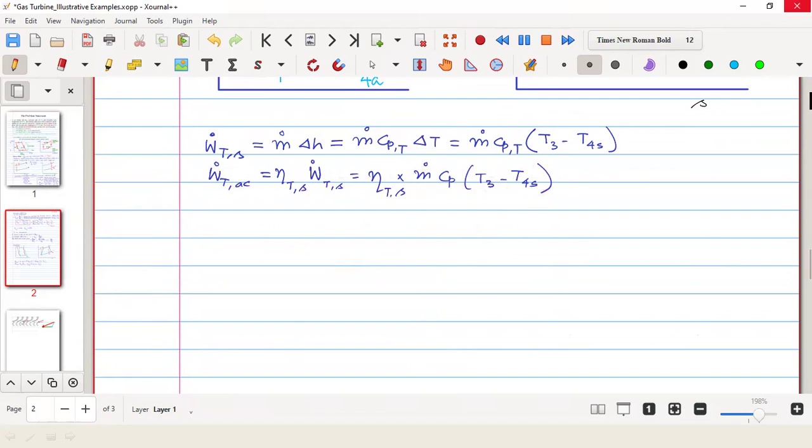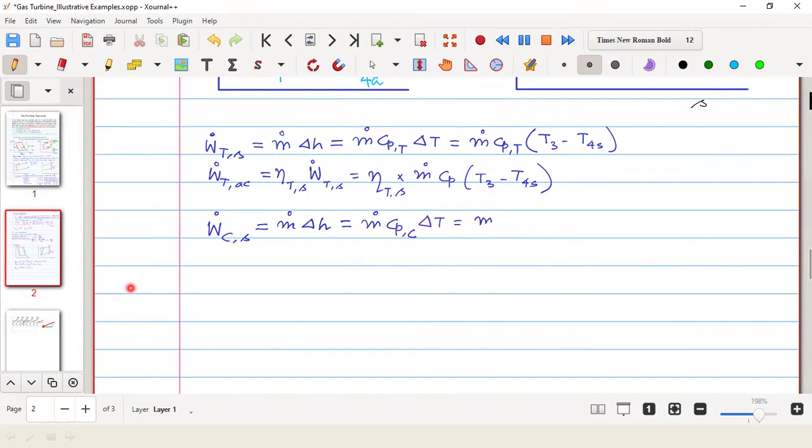Okay. In the same way, for the compressor, we can write the enthalpy drop across the compressor multiplied by the mass flow rate. So that is m dot multiplied by Cp for the compressor multiplied by delta T across the compressor.